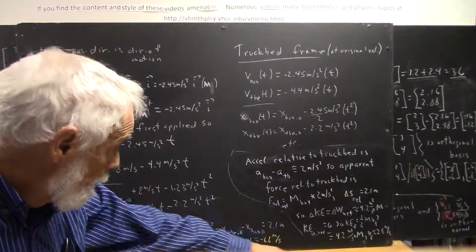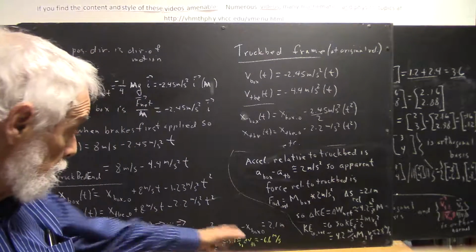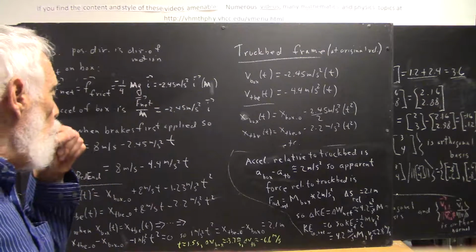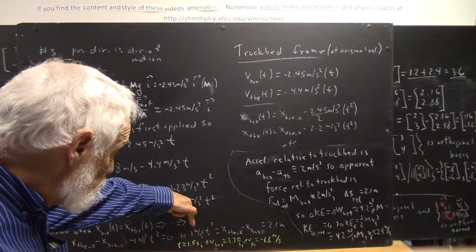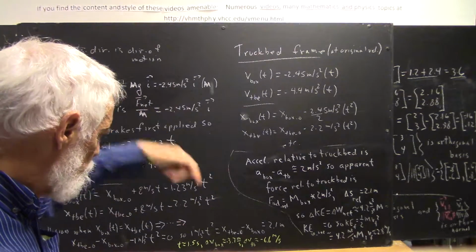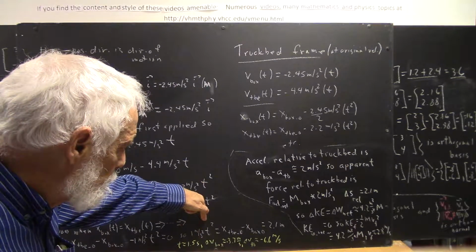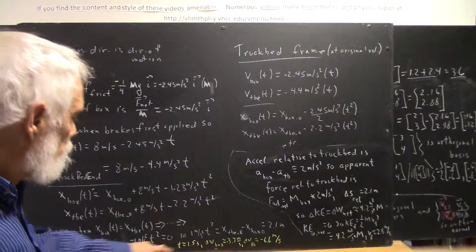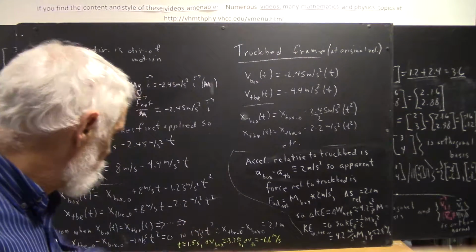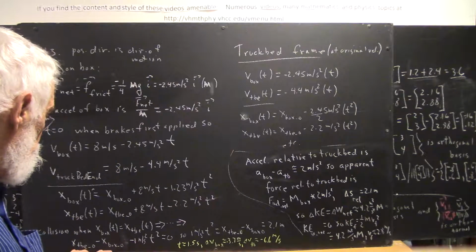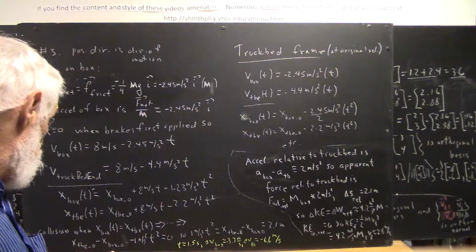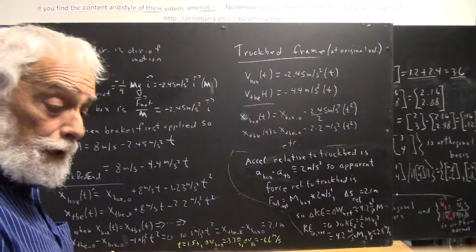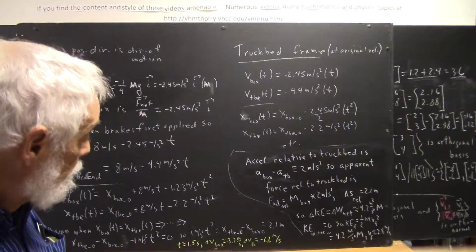Now let's see how that relates to what we would have gotten here, because I didn't finish this. I kind of left it for you to finish. Remember that the 1/2 meter per second squared times t squared was equal to the 2.1 meters, because that turned out to be equal to the difference in the initial positions of the box and the end of the truck bed.